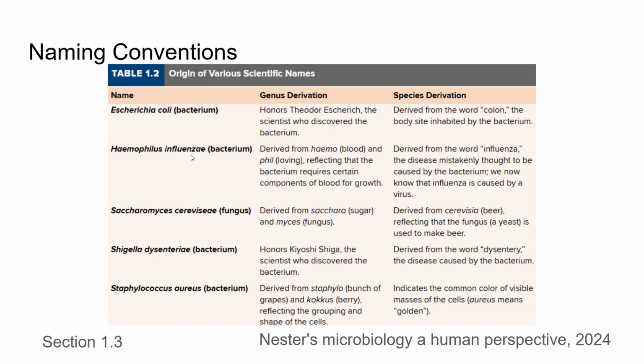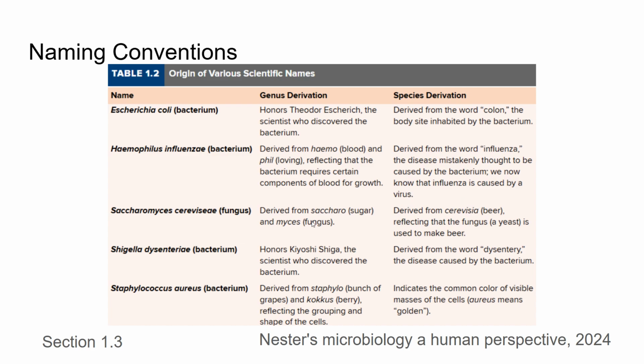Haemophilus influenzae comes from the word hemo, which is blood, and phile, meaning loving. And then influenzae is because we mistakenly thought it was caused by the bacterium that causes influenza.